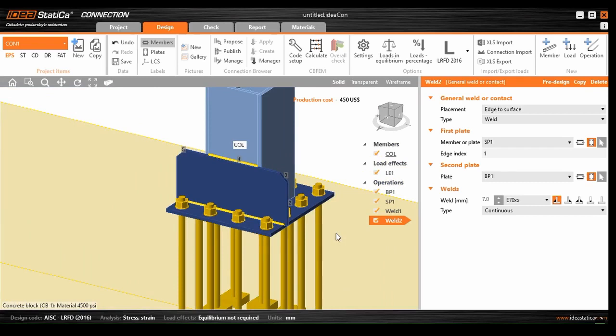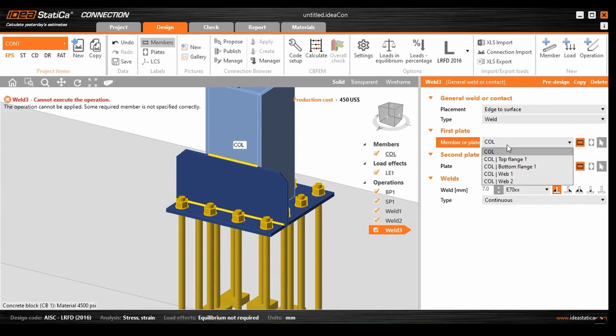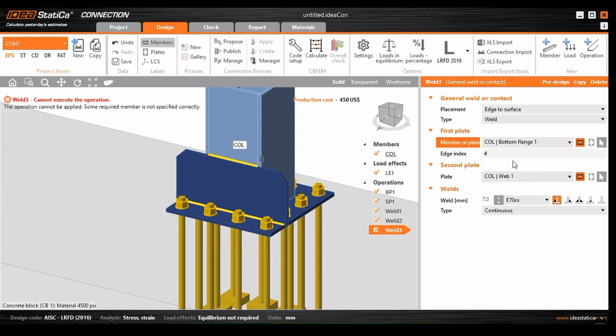So now make a new copy of weld 1. Change the first plate to column bottom flange 1, index 2, and the second plate to SP1.